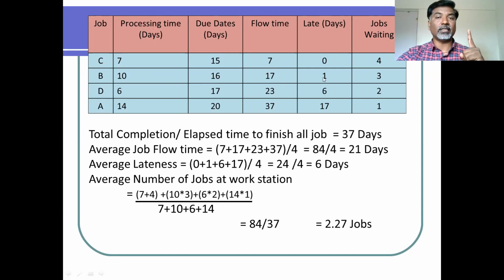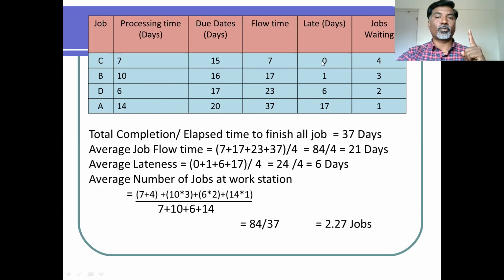Job D is expected to be complete within 17 days, but requires 23 days. The difference between these two is the late days. Likewise, job A will be late by 17 days.